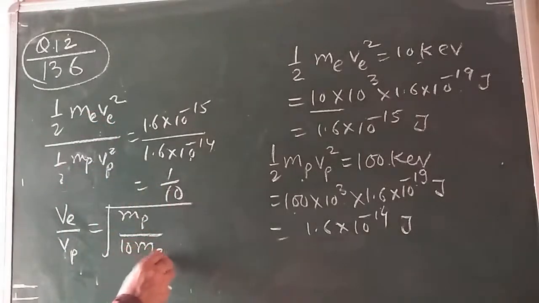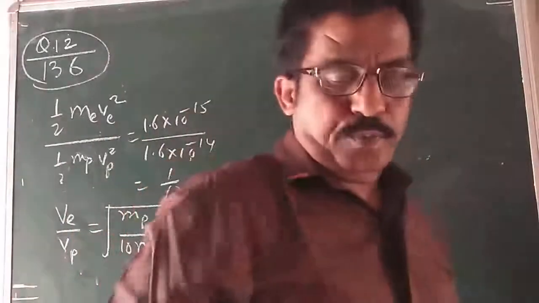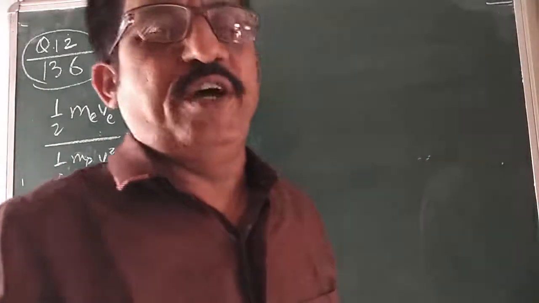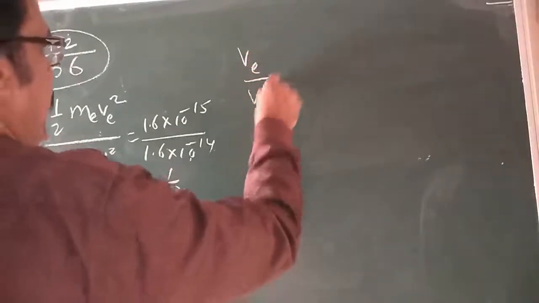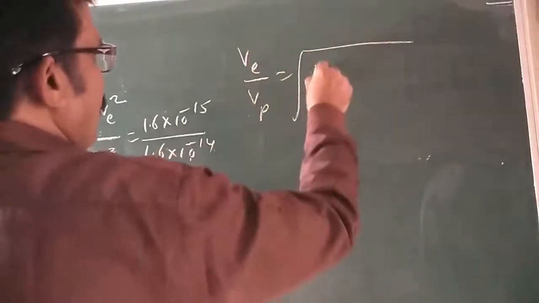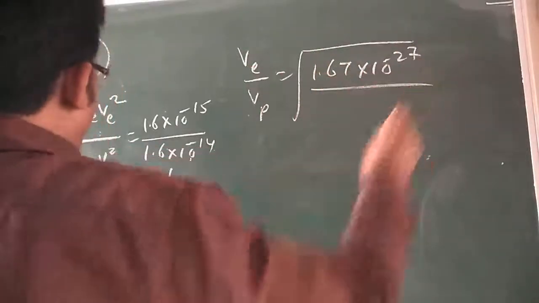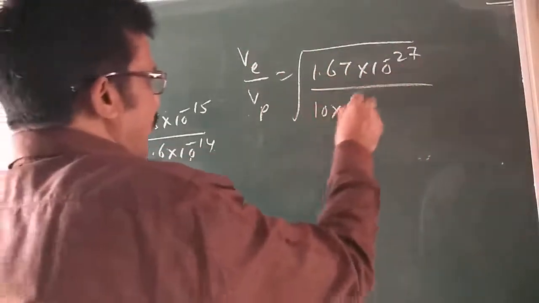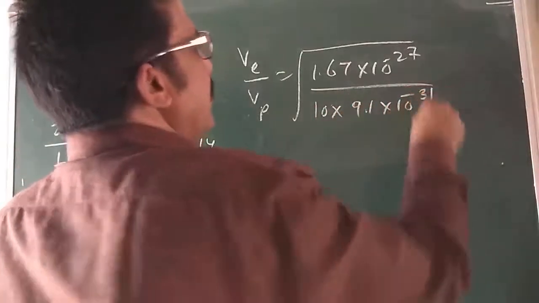Solve this. Mass of the proton and electron are given. So put it here: Ve upon Vp is equal to the square root of 1.67 into 10 raised to power minus 27 divided by 10 into the mass of the electron, that is 9.1 into 10 raised to power minus 31.